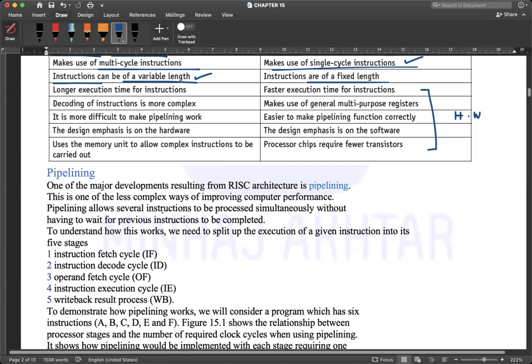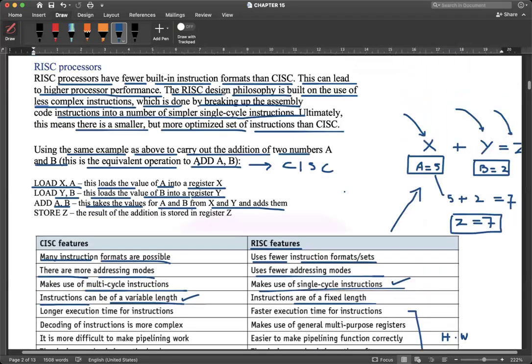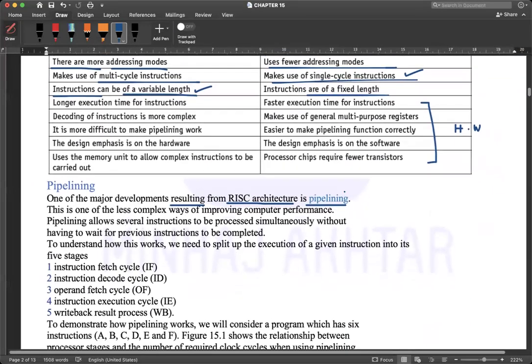One of the major developments resulting from RISC architecture is pipelining. Here in RISC, what you have learned is that RISC is going to break the complex code into small pieces of code, right? If the code is broken down into small pieces, definitely we are going to send the code one after another. So this one after another comes in the topic of pipelining.